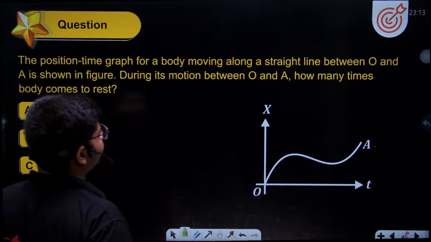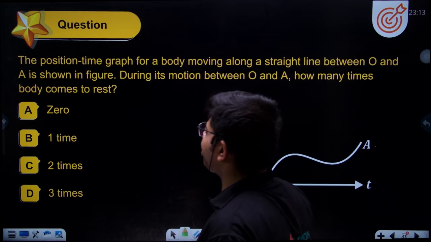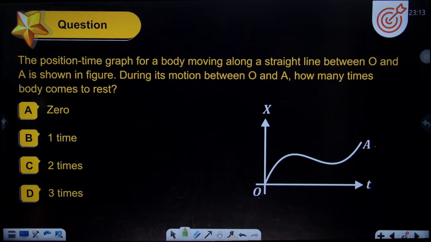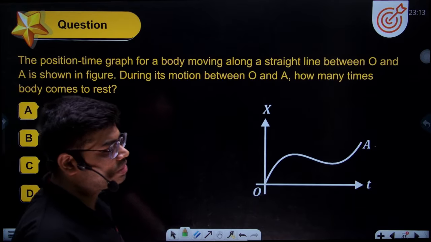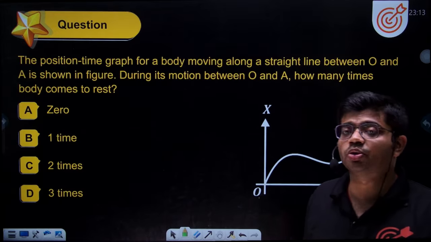During its motion between O to A, how many times does the body come to rest? Coming to rest means the velocity is 0. So they are asking how many times the velocity becomes 0.